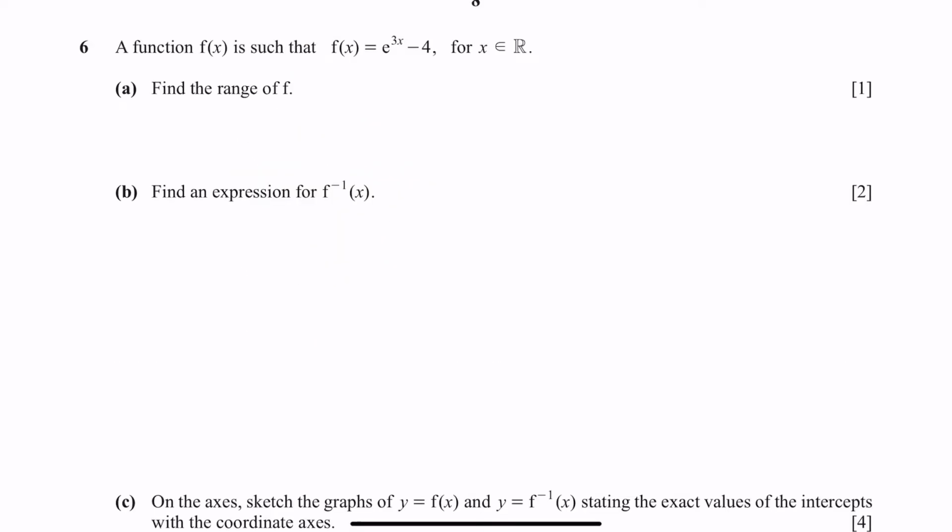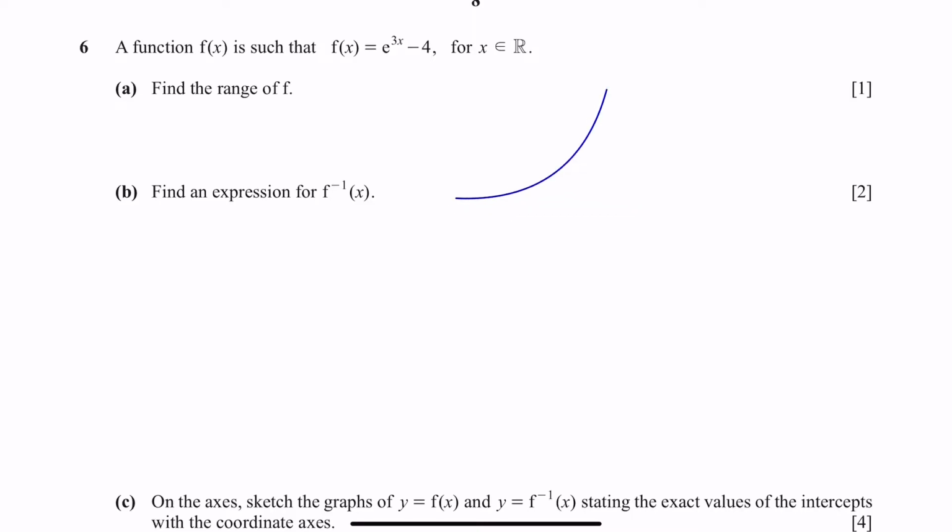Question 6. We have the function f(x), and x is all real values. And now we need to find the range of f. So to find the range of an exponential equation, we simply just need to look at the constant value over here. So this would be a -4, and we know that the shape of an e to the power of positive x graph should be something like this.